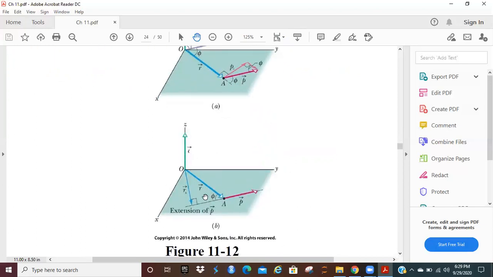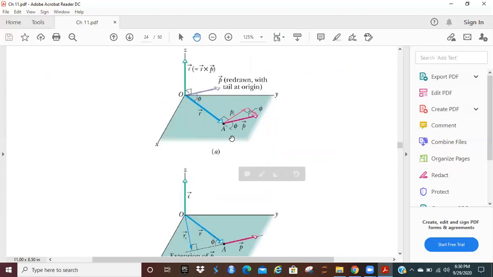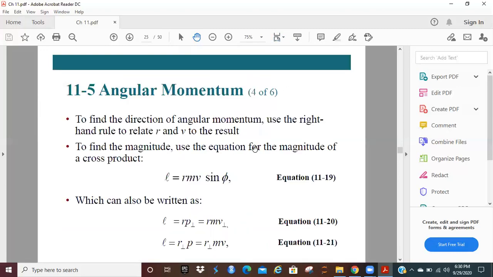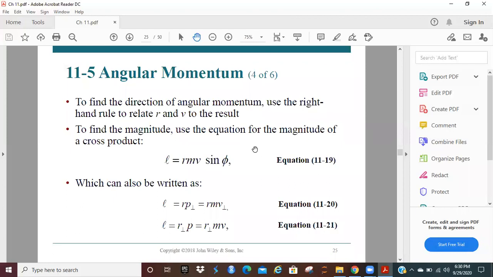Another way to do that is to take the perpendicular radius that lies exactly perpendicular to the momentum. Either one of these, if you'll remember the equation back, you're taking the perpendicular component of one to the other, be it first to the second or second to the first, it doesn't matter. To find the direction of angular momentum, we use the right-hand rule to relate r to v.